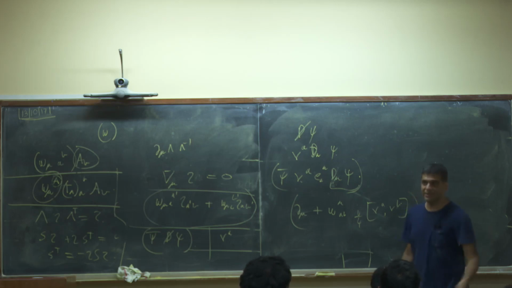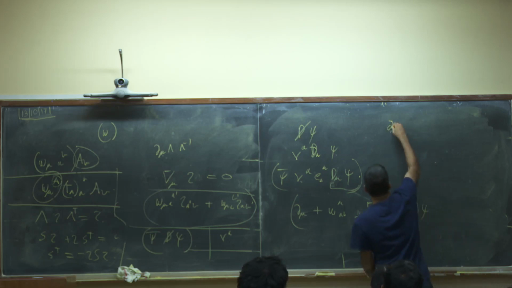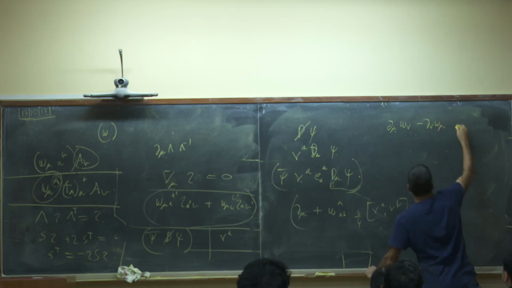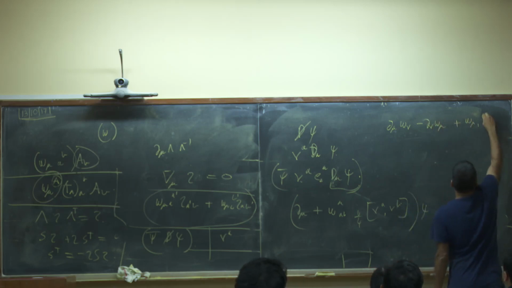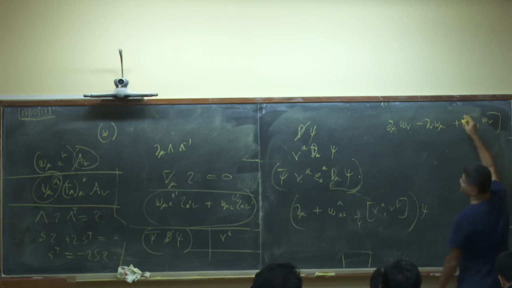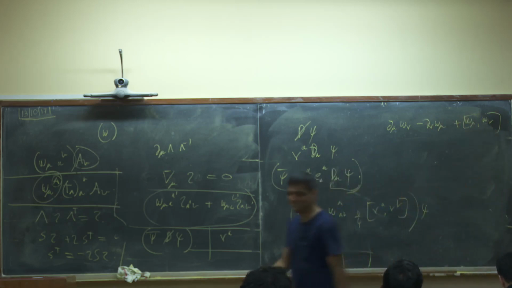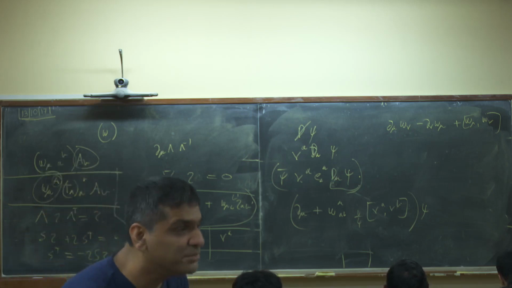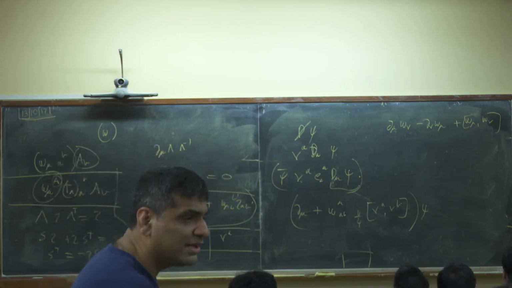Gauge invariant will be the trace of F squared, but at the moment just gauge covariant: del mu omega nu minus del nu omega mu plus the commutator of omega mu and omega nu. This quantity, by the usual algebra of gauge theories, is guaranteed to be gauge covariant.